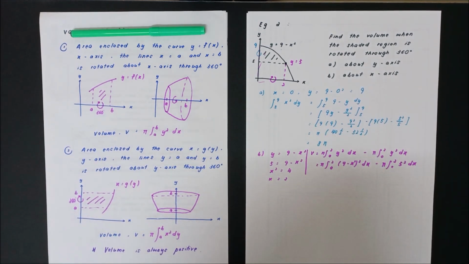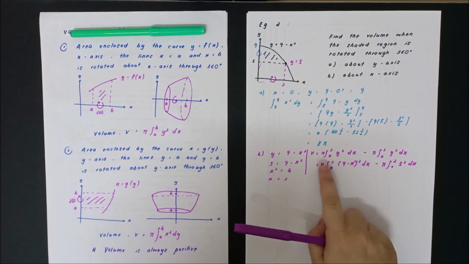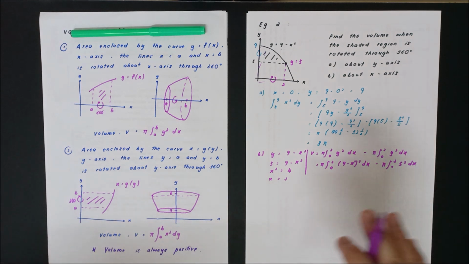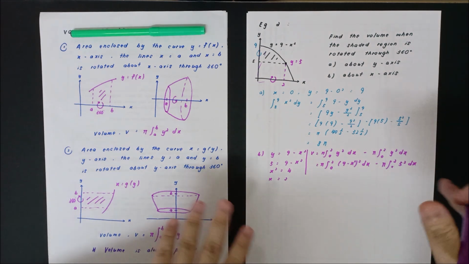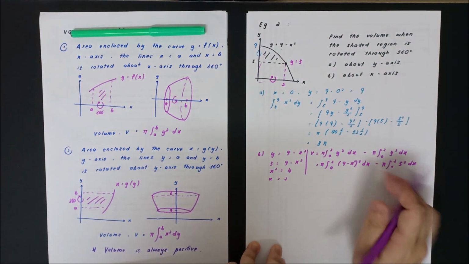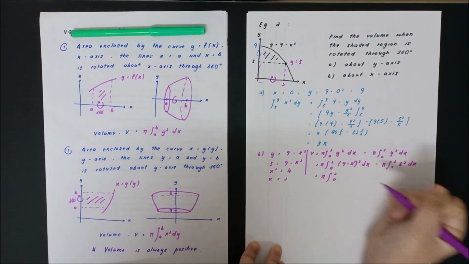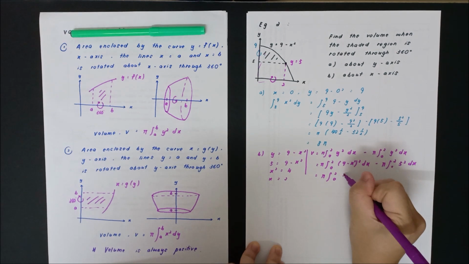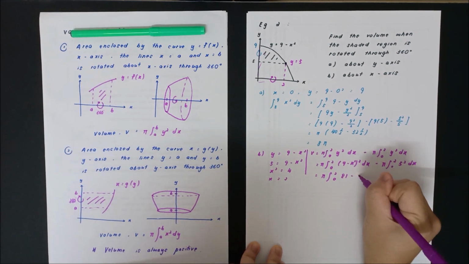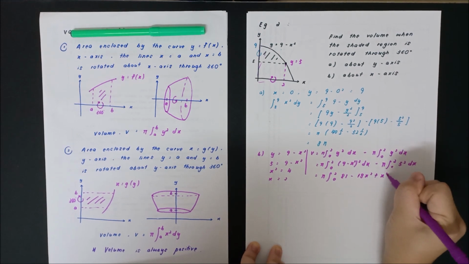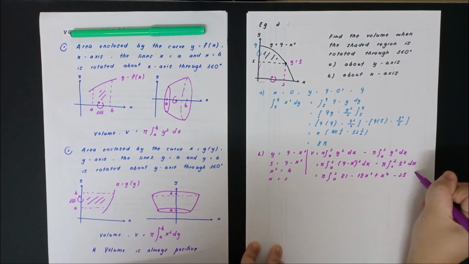So what you can realize here is that we have the same pi, and we have the same limit again. So from the formula that we have learned previously, we can combine these two. So pi, 2, 0. Then what is this? 81 minus 18x squared plus x to the 4 minus 25 dx.